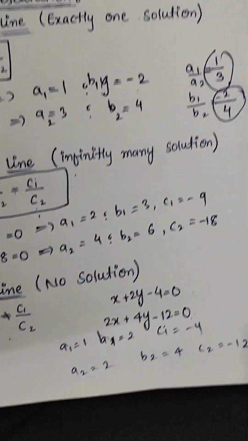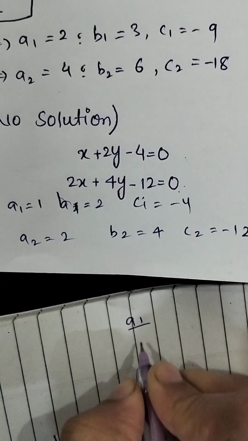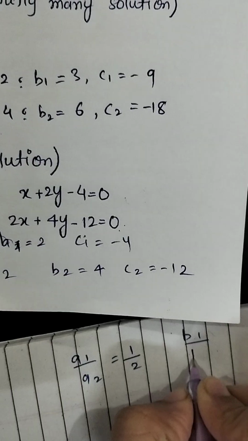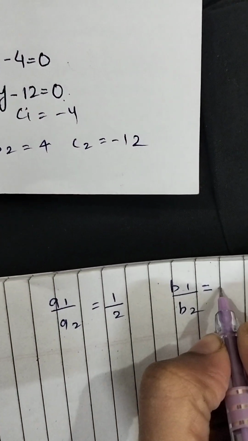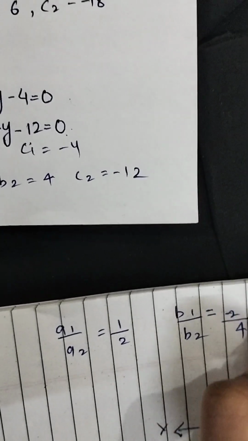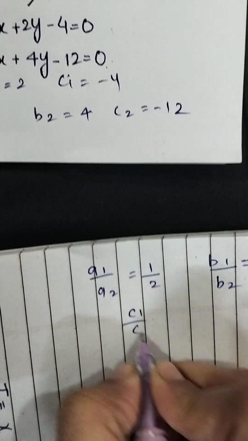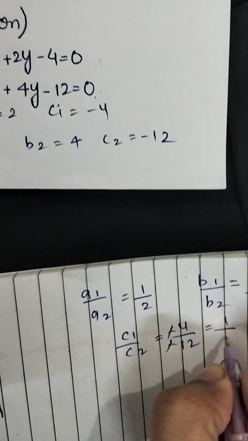So now a1 by a2 is 1 by 2, b1 by b2 is 2 by 4, that is 1 by 2. And c1 by c2 is minus 4 by minus 12, the minus cancels, 1 by 3.